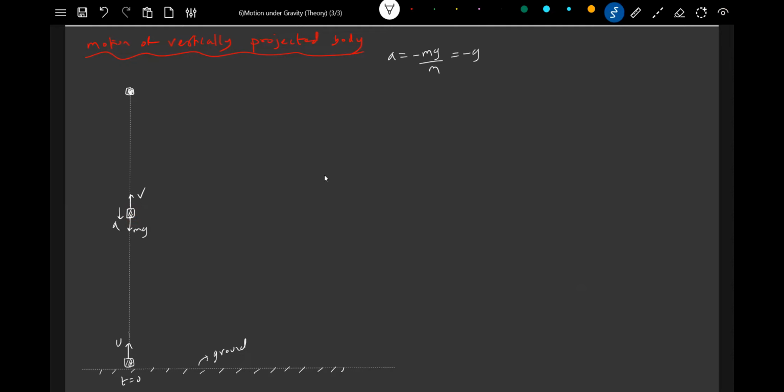So what are the equations of motion? It will be v equal to u plus at, that is, u minus gt. What about height ascended? At any time t, let height ascended h equal ut minus half gt square.